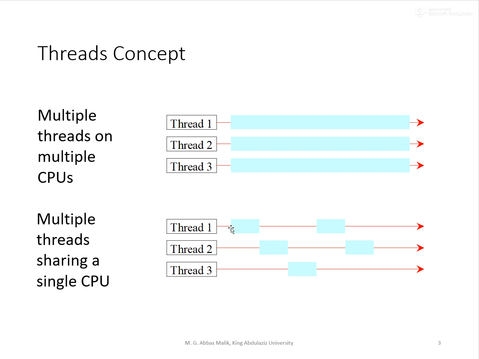So this is what that might look like if you have a single CPU that has to be shared among these three threads. You have thread 1 executing for a while, then taking a pause, maybe something needs to be fetched from memory or from the disk even.